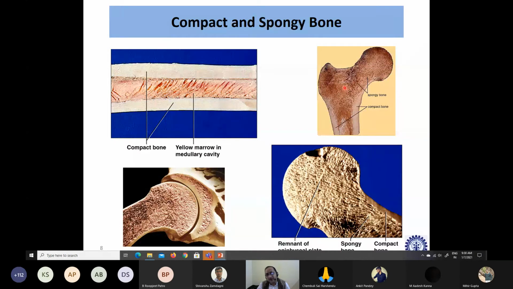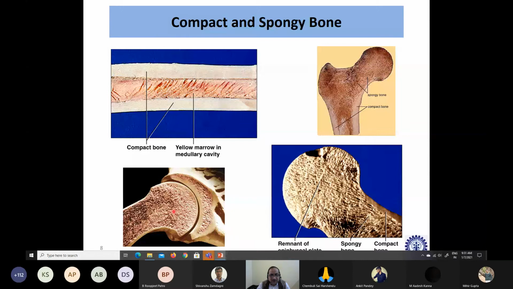This cancellous bone, or trabecular bone, or spongy bone, varies in density from location to location. You can see from the image that near the neck of the femur it is more porous, less dense than the structure somewhere near the greater trochanter, or towards the femur head.